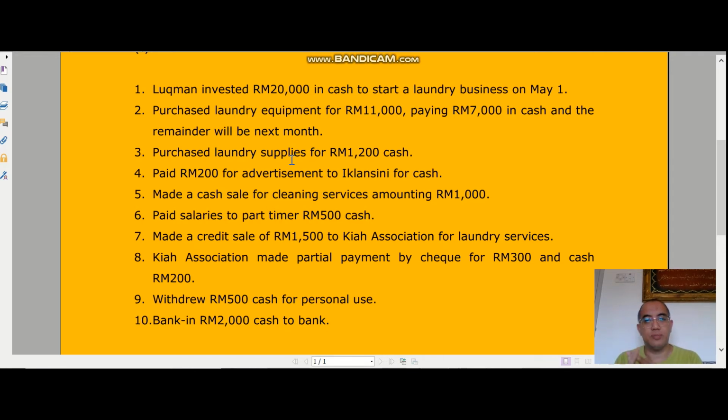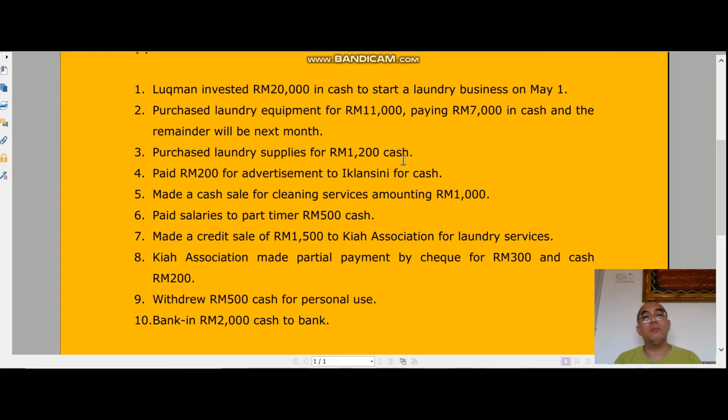One is cost of sales, and another one is normal expenses. So the normal expenses is just normal operating expenses like salaries, advertisement, rental, so on and so forth. Okay. So when he purchased this laundry supplies, I will put this under expenses. And another account is cash. So I can see here the cash will decrease by 1,200 and the expenses will increase by 1,200.